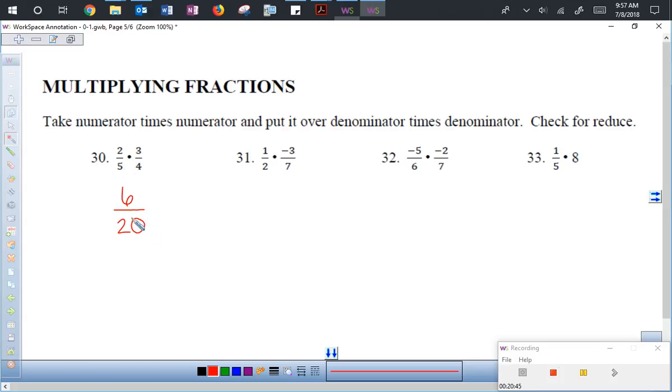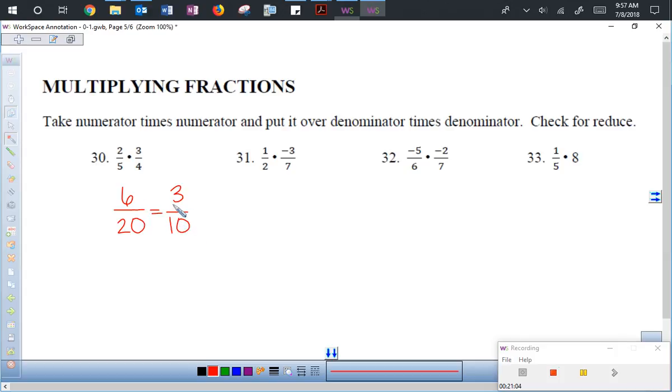Now let's check to see if that can reduce. 6 over 20. Well, both of those numbers are even, which means that 2 can go into both of those numbers. So let's divide each one by 2. If I divide my numerator by 2, I get 3. And if I divide my denominator by 2, I get 10. So these fractions are actually equivalent.